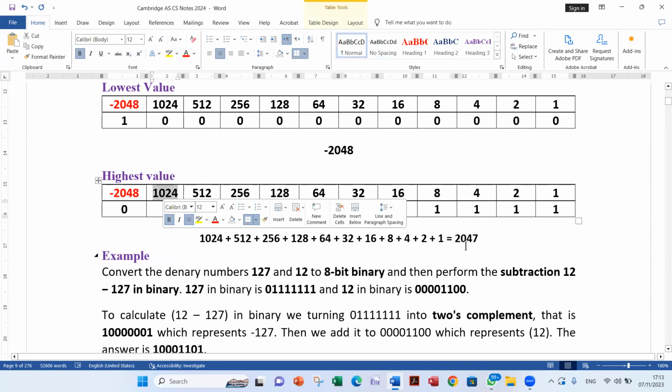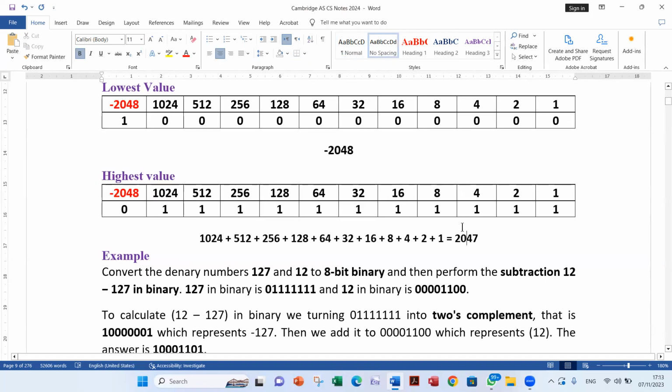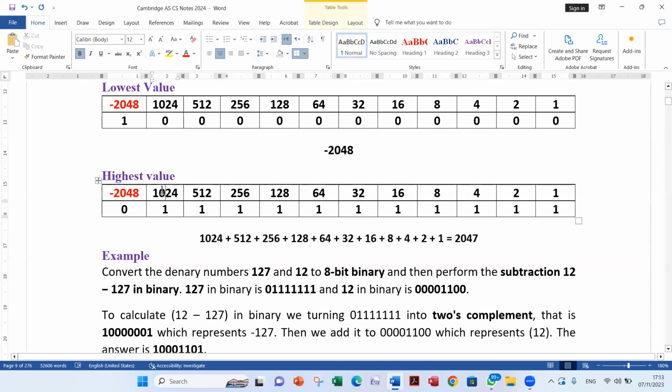That is 2 to the power of 11 minus 1, because the number of bits is 11.